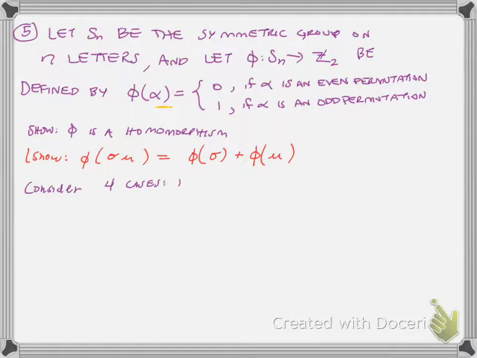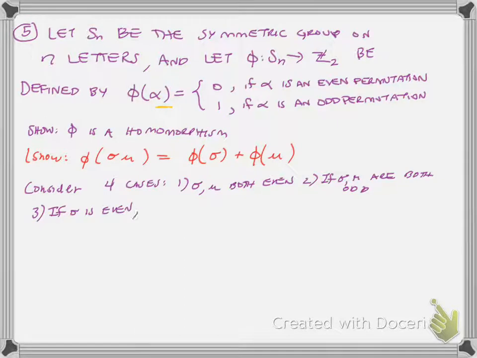And those cases are, well, 1, if sigma and mu are both even permutations, right? 2, if sigma and mu are both odd. 3, if sigma is even and mu is odd. And then 4, if sigma is odd and mu is even.